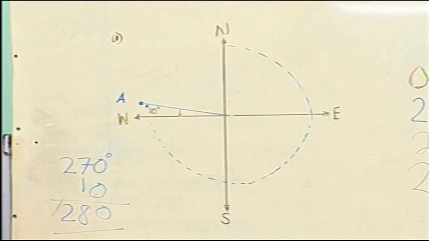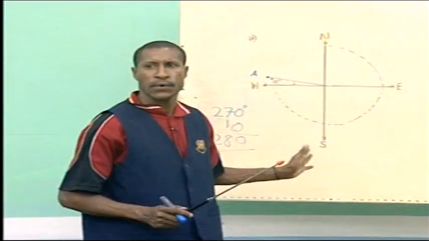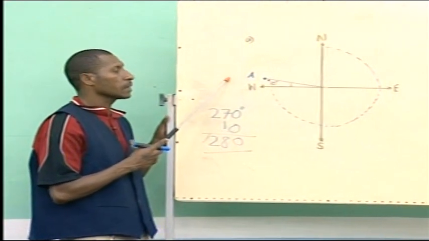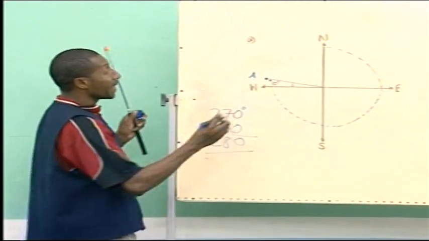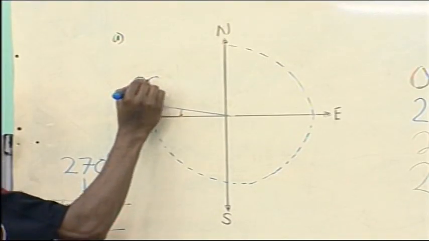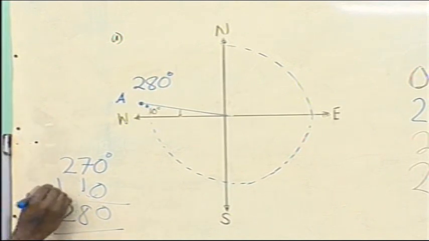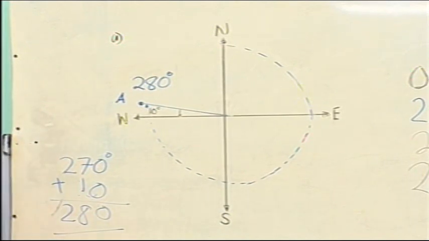Now class, receiving students and 70s, what is the bearing for point A? It is 280 degrees. This time we are plusing. In one of the examples, in the work example, we minused.